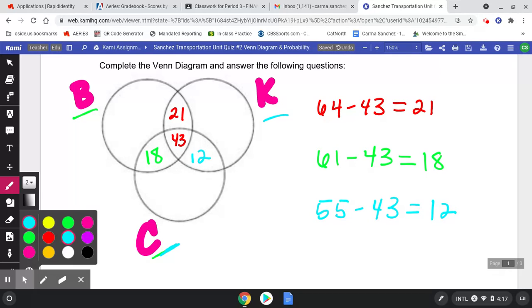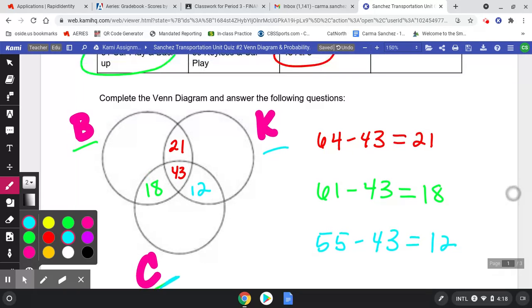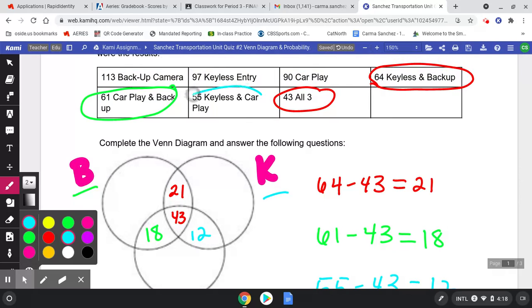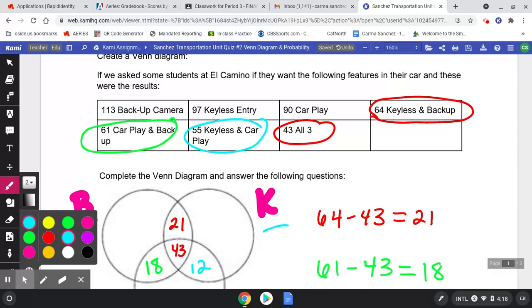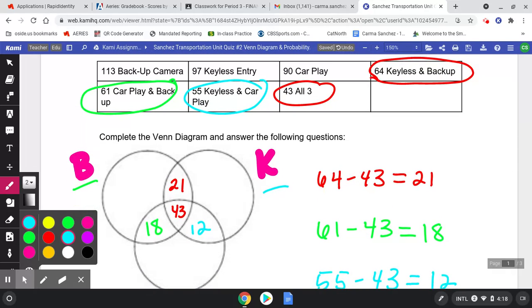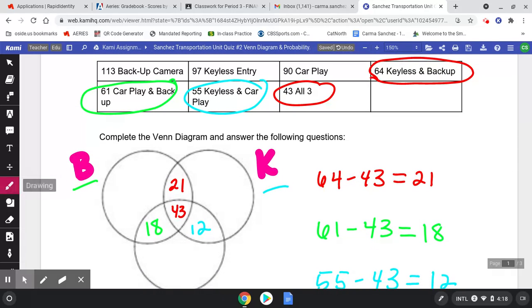So far, we had to remember to subtract for those little sections or wedges of intersection. Now let's go up and look at the 90 CarPlay, 97 keyless entry, and 113 backup cam. We are not just writing the numbers right here, because these numbers include all of the other numbers that are already written. So we have to do some more subtractions.